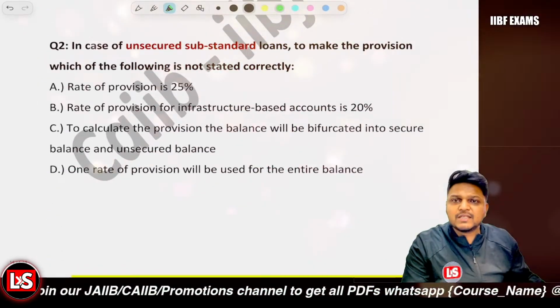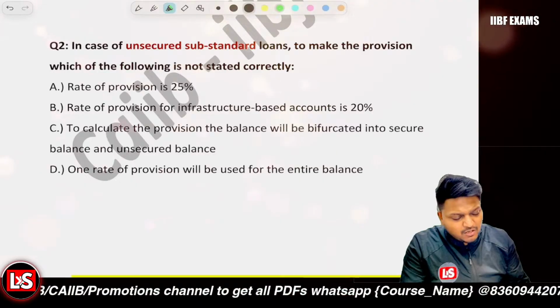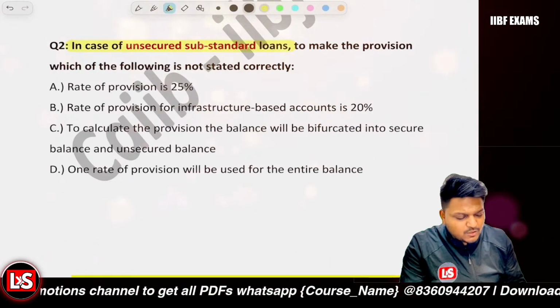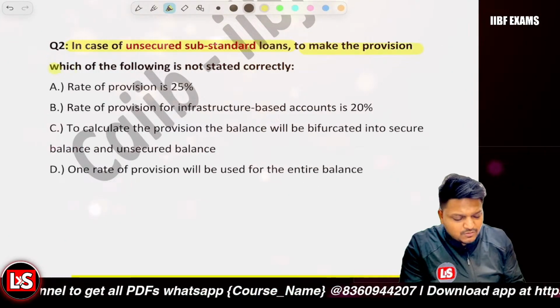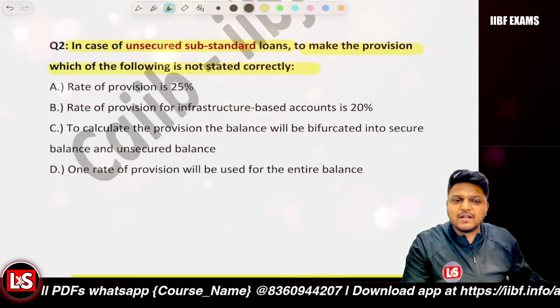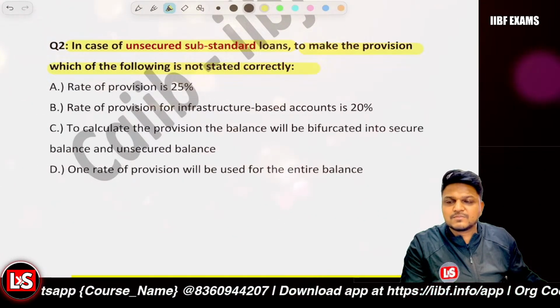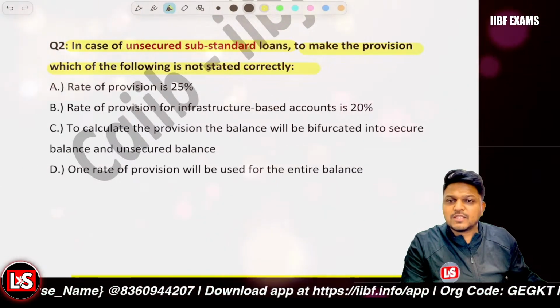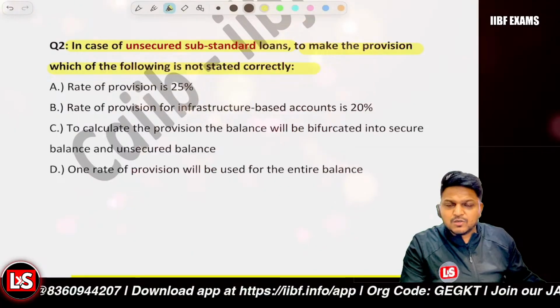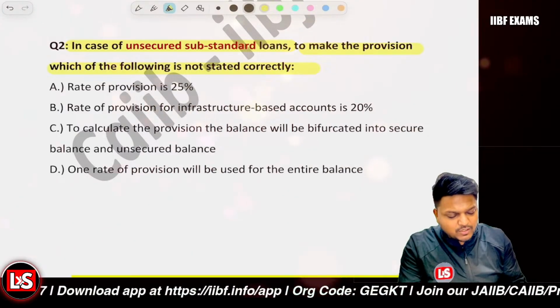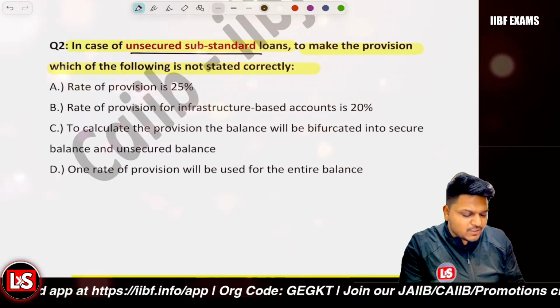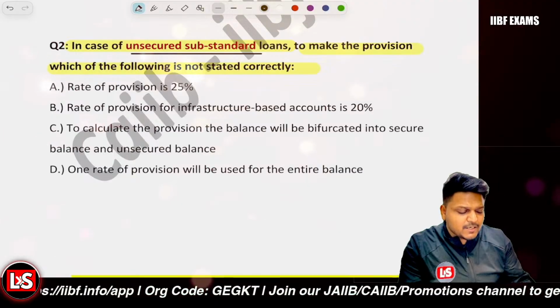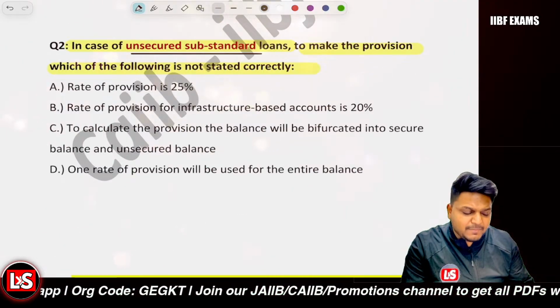Question number 2 says, in case of unsecured substandard loans, to make provision, which of the following is not stated correctly? So we are talking about unsecured substandard loans. For substandard loans, three provision rates were applicable.